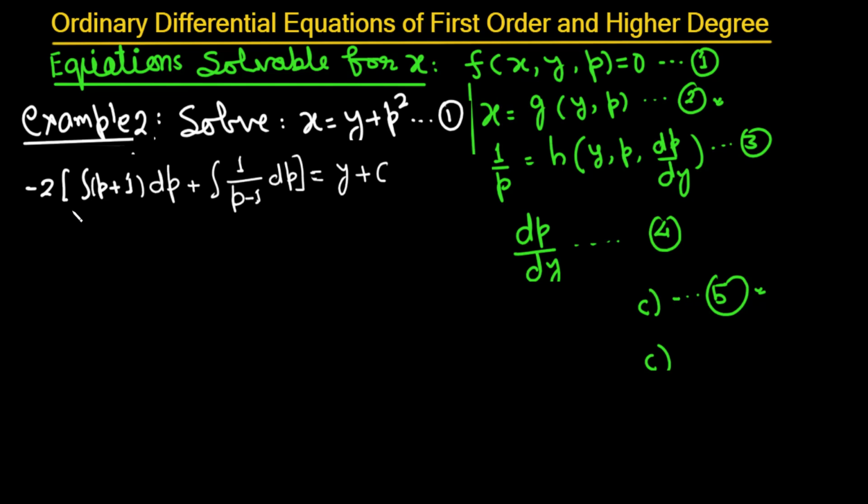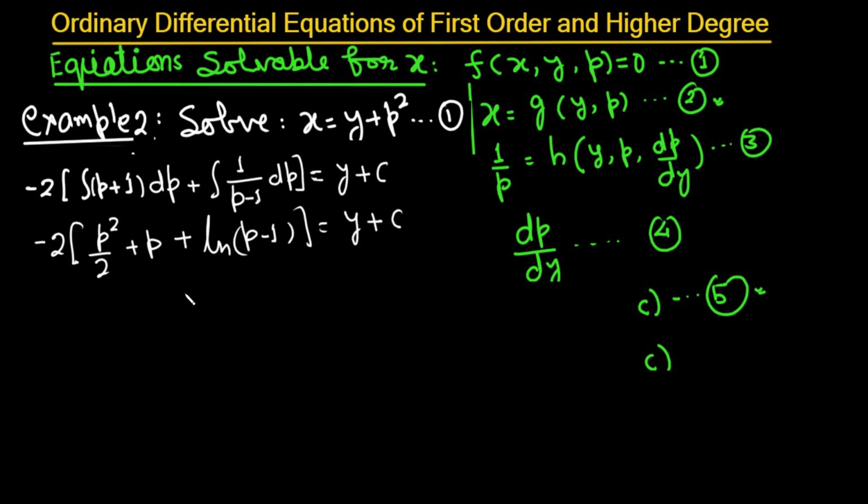So I've cleared the clutter, and we have minus 2 times the integration of p with respect to p, which is p square over 2, plus the integration of 1 with respect to p, which is p, plus the integration of 1 over (p minus 1) with respect to p. This one will be log of (p minus 1). This is equal to y plus c.